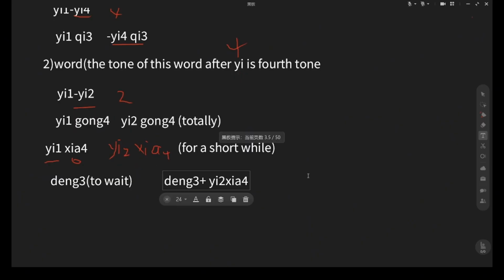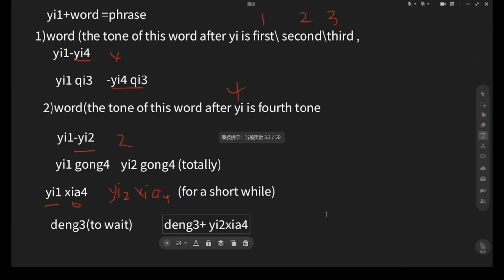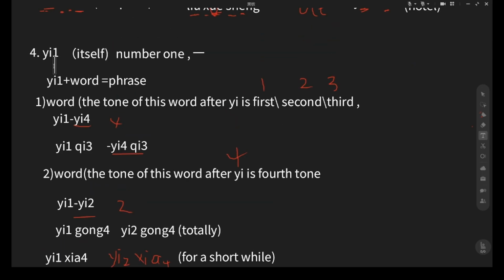So for 一, we have two situations, right? And remember, when we change the tone, this change is not only for the spoken way, but also for the writing way, okay? So when you write, you also need to write the changed tone, okay? So let's do a quick review.